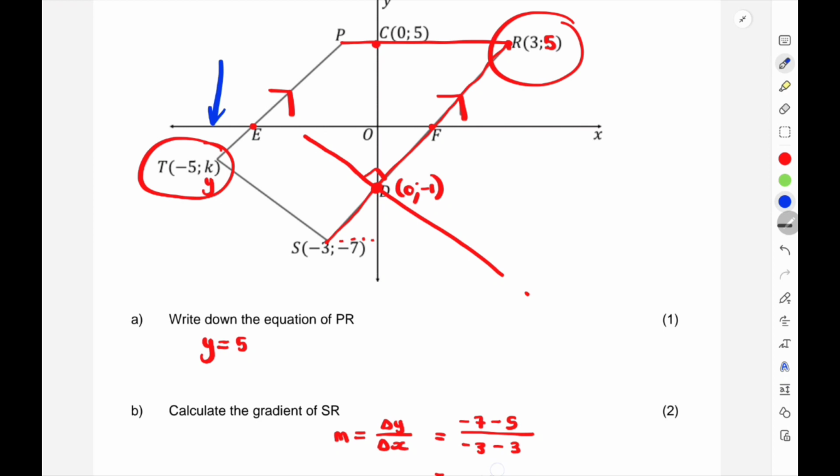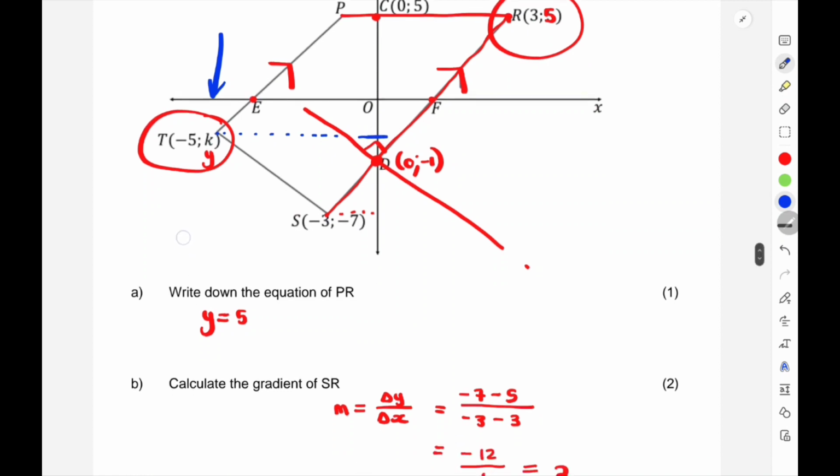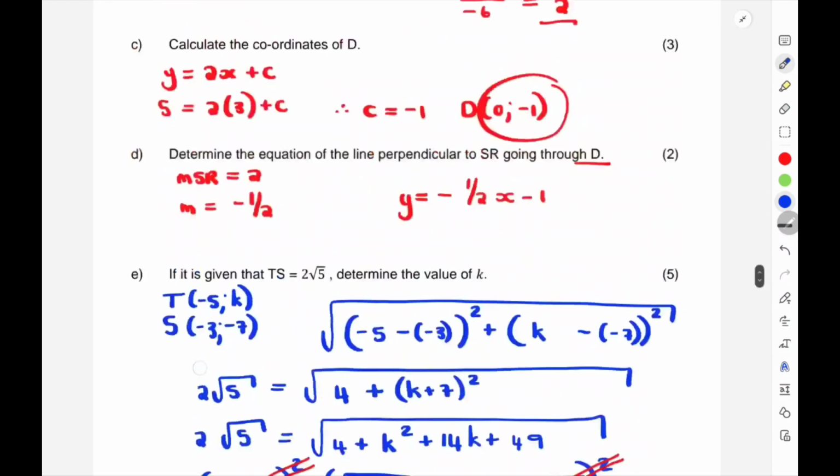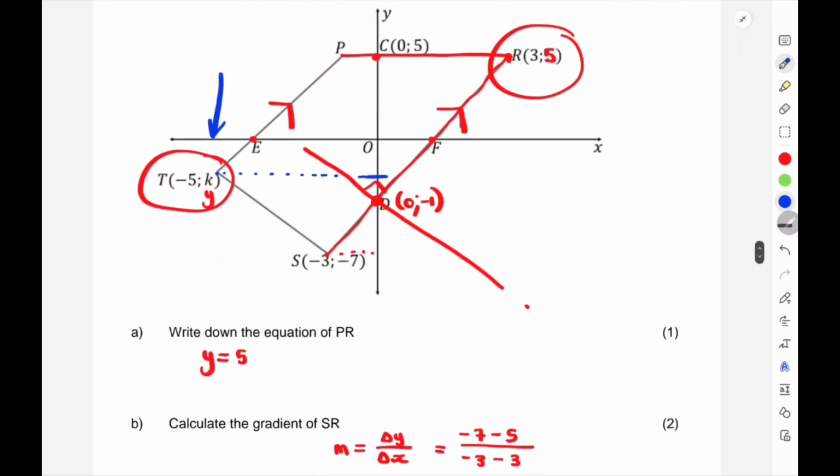So the y value here would have been somewhere there by D. We can only take it that k is going to be negative 3. Let me just quickly see what's going on.